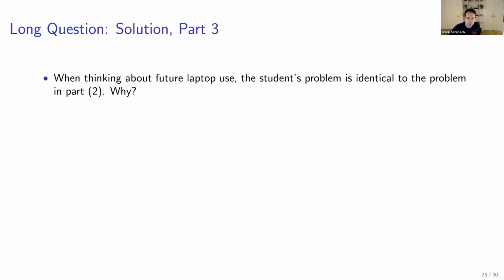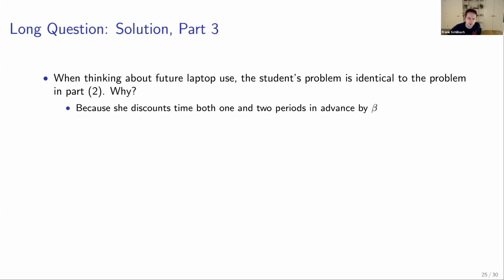When thinking about future laptop use, the student's problem is identical to the problem in part 2. Why is that? Because she discounts time both 1 and 2 periods in advance by beta. Essentially, everything is in the future, so you just discount everything by beta. That's exactly the choice that we just had.